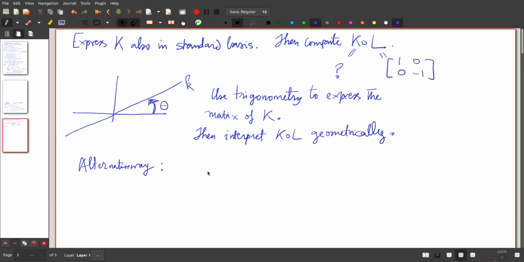Okay, so an alternative way of doing this is to think geometrically entirely. So see what happens to 2 points. Look at what happens to this point. Look at what happens to some other point. Choose 2 convenient points and see what happens, and then guess geometrically what is going on, and then prove it also geometrically.